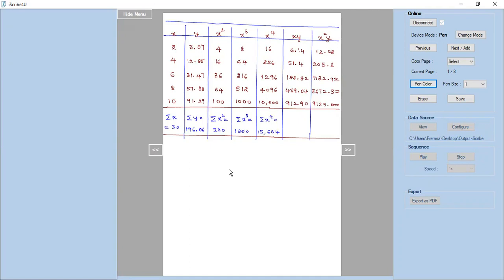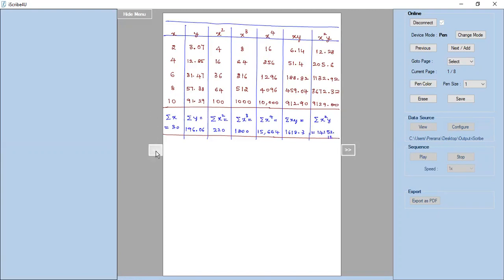Summation x into y is 1618.3. Summation x square y is 14,152.12. Just check out this value, 14,152.12.